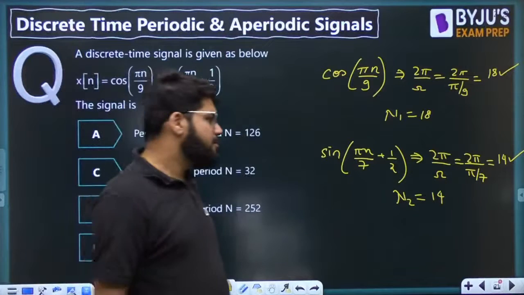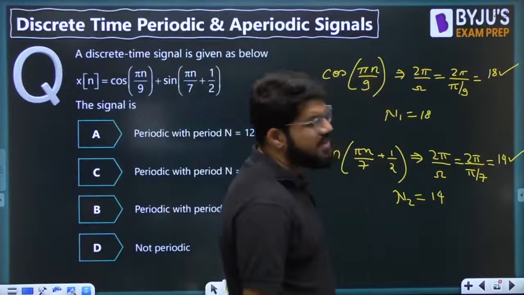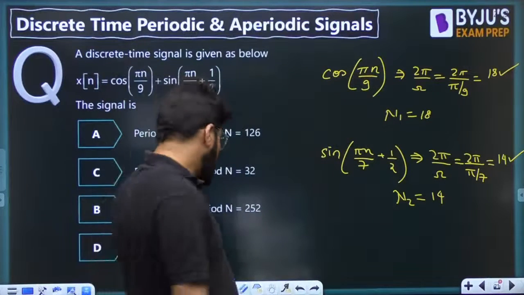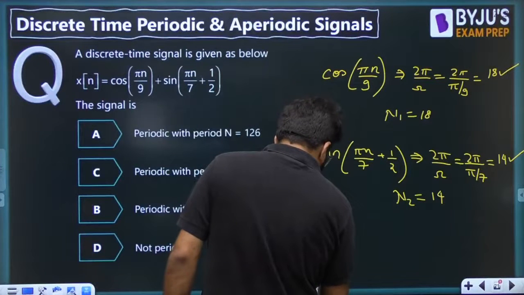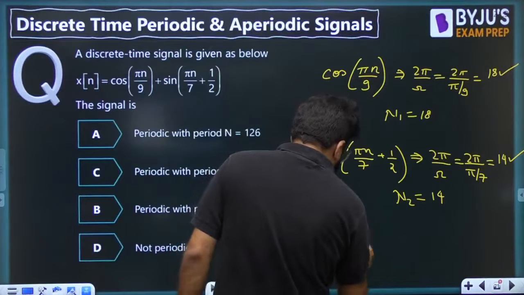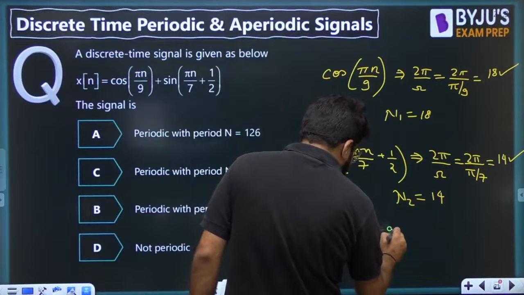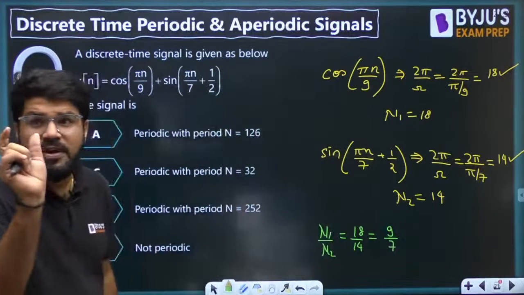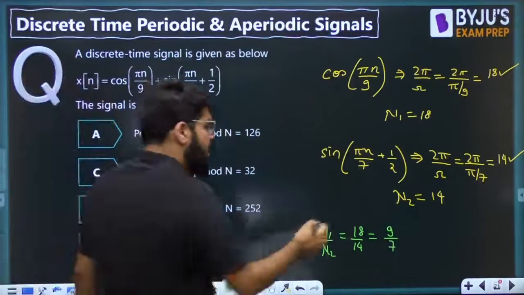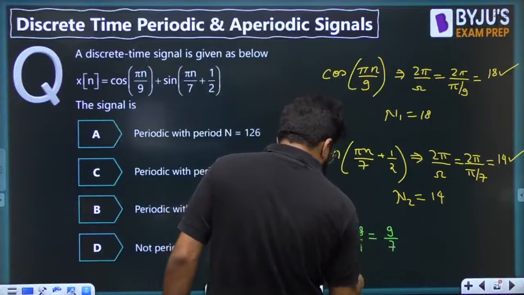But what is the period? I told you, we cross multiply. n1 by n2 is 18 by 14, but express it as the simplest ratio, because you have to get the fundamental period, the smallest value. Cancelling 2, it becomes 9 by 7.